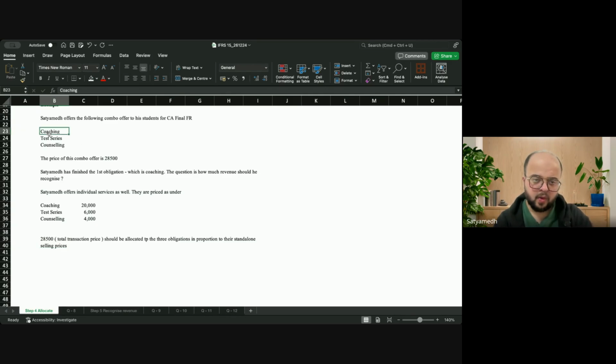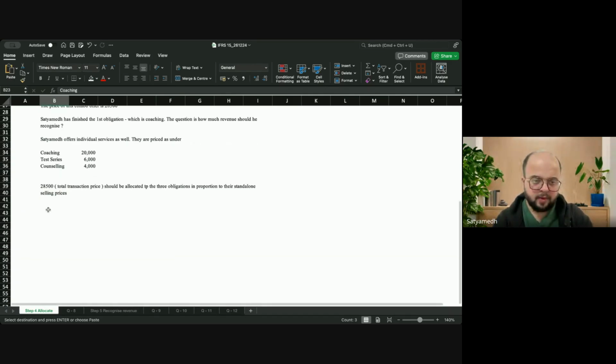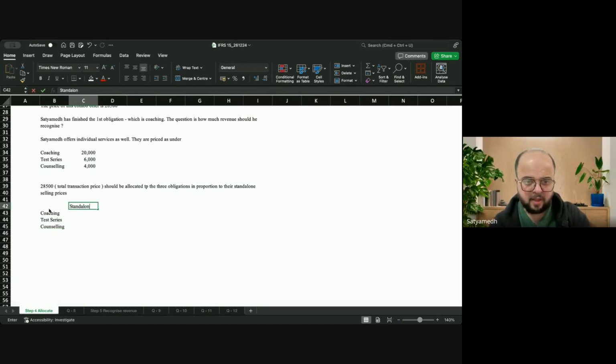We write down the standalone selling price, and then we allocate 28,500 in that ratio.